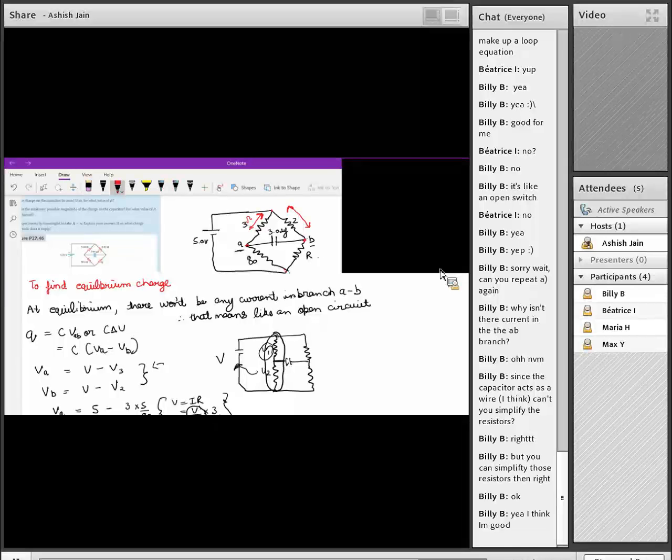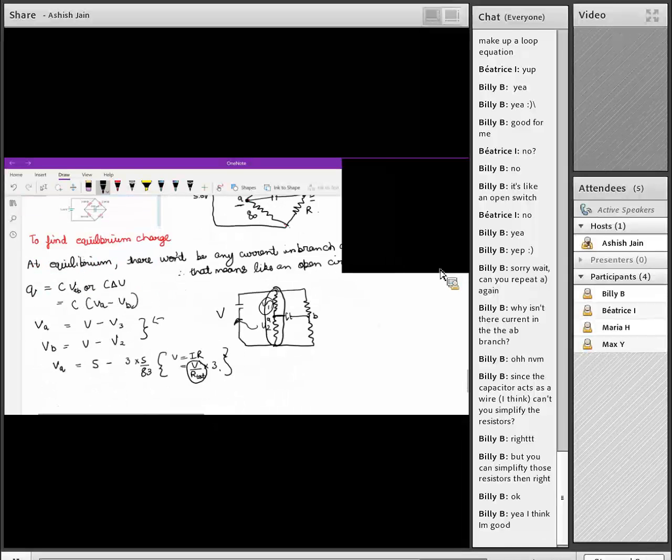I think how I drew it makes it a little confusing. Let me make it clear. If I have to find the potential at point A and point B, in principle, point A is here and point B is here. Let me see if it makes sense here.